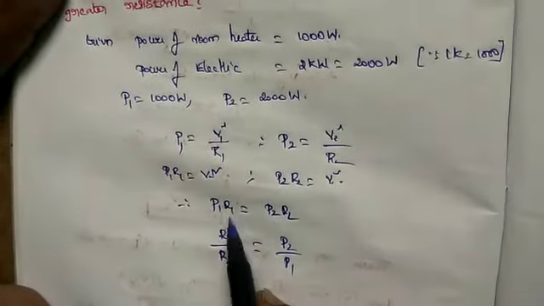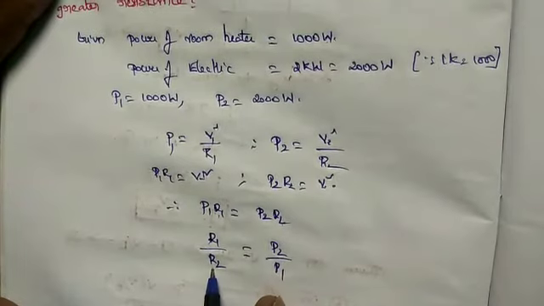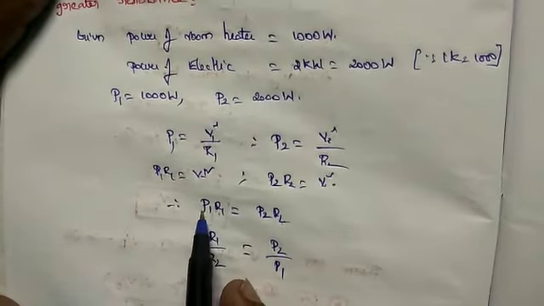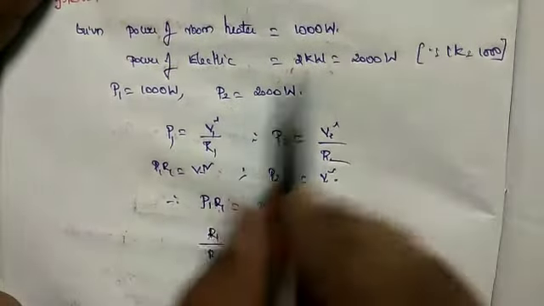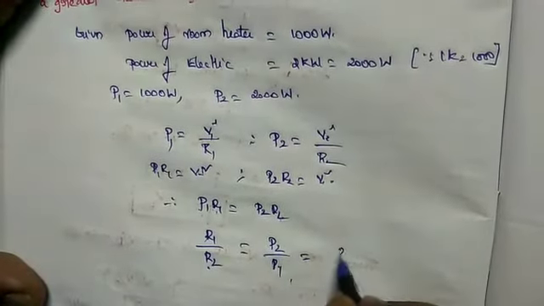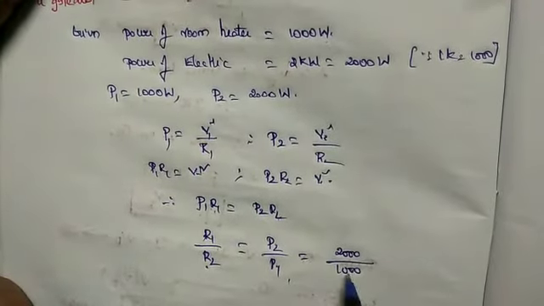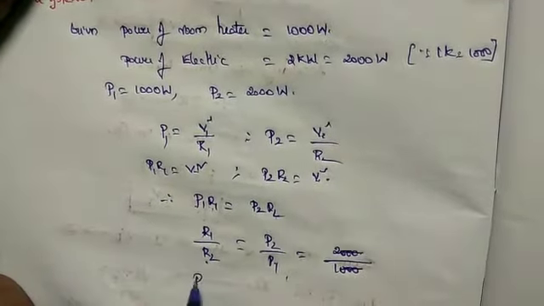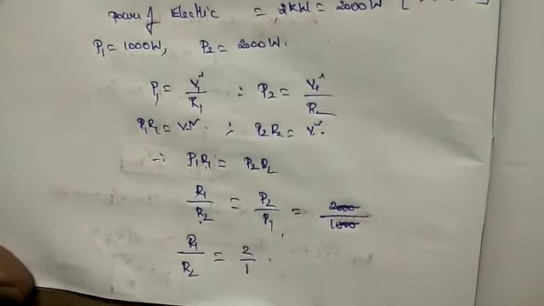Am I right? R1 is the numerator on the left, and P2 goes to the numerator on the right. So P2 is 2000 and P1 is 1000. The zeros cancel. Therefore R1 by R2 is equal to 2 by 1.